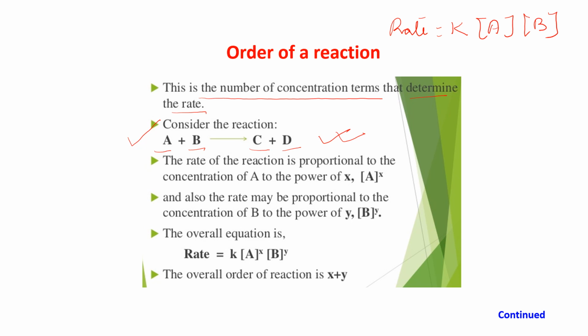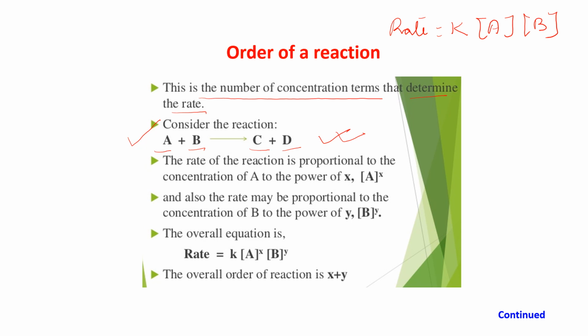The power to which the concentration term of a particular reactant in the rate law is raised, experimentally, is called the order of reaction with respect to that particular reactant.